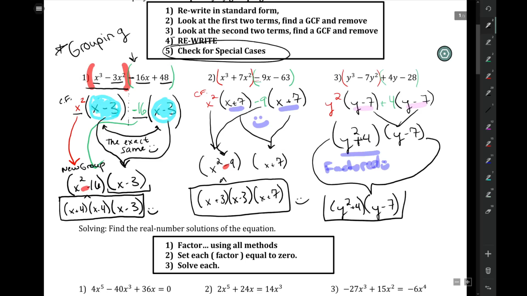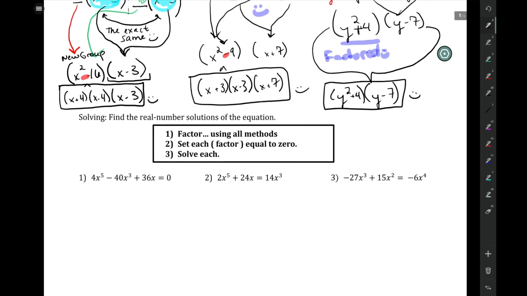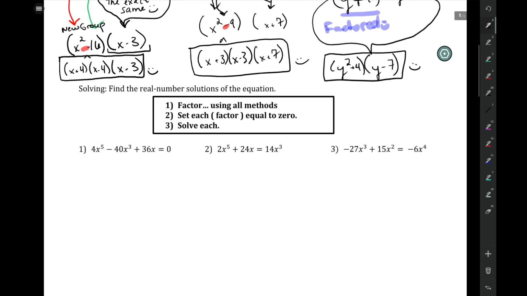Okay? So, remembering your special cases. I do want to show one more example here, and these ones, so from factoring to solving, it's the same step as before, okay? First, you need to make sure you're set equal to 0.